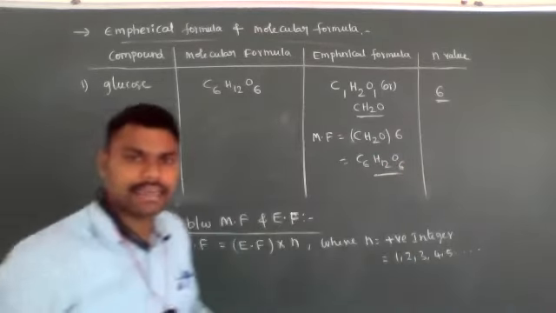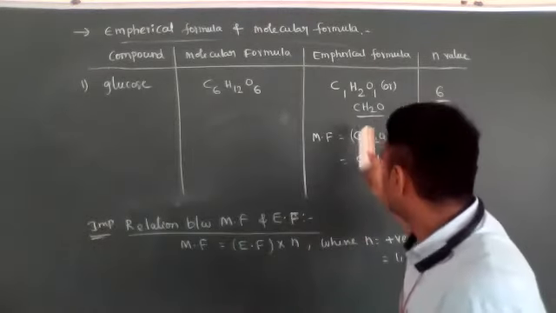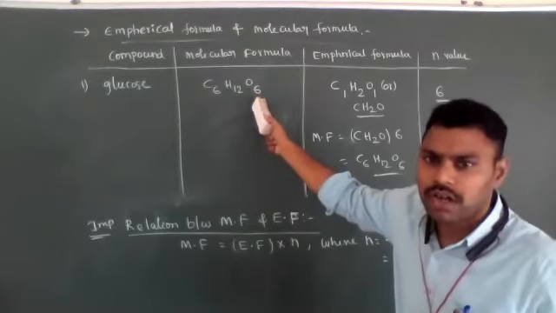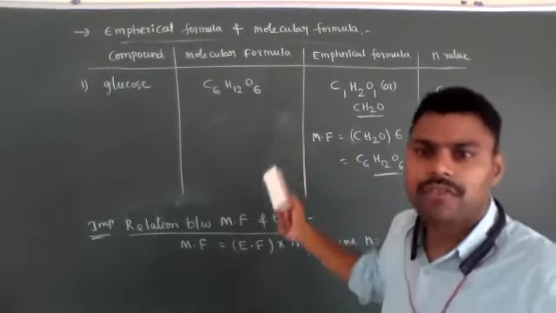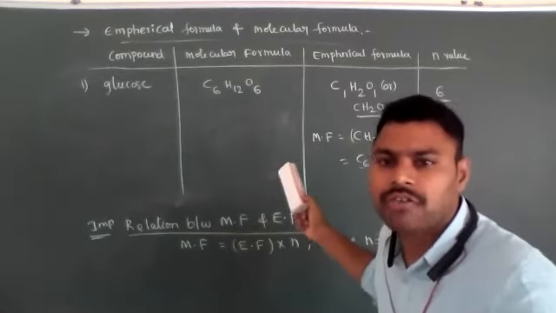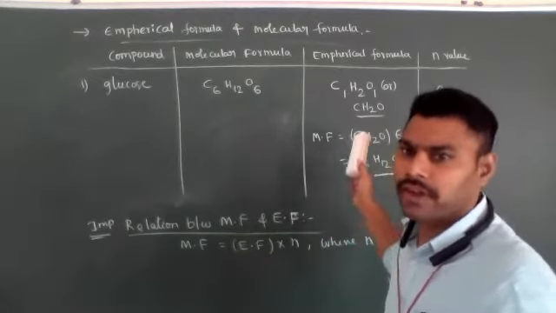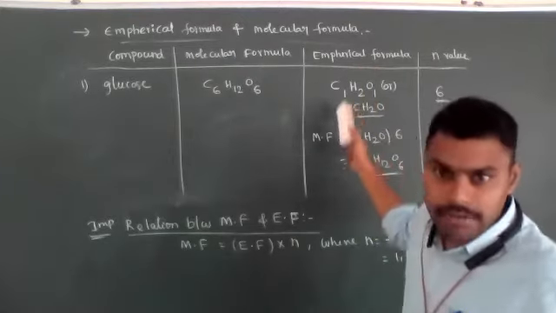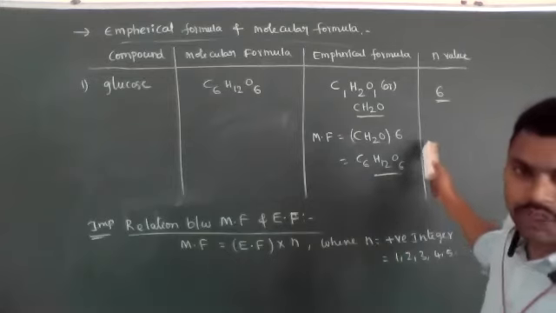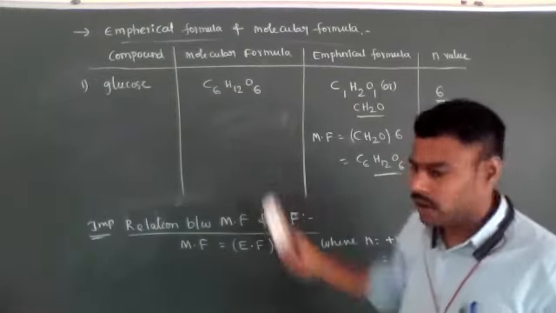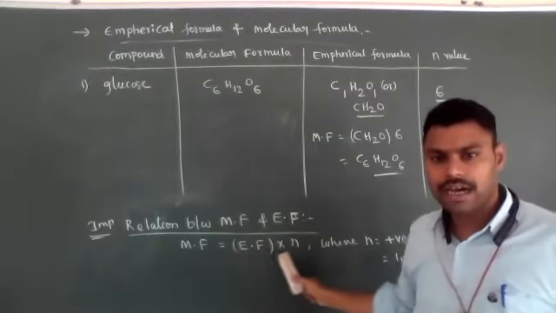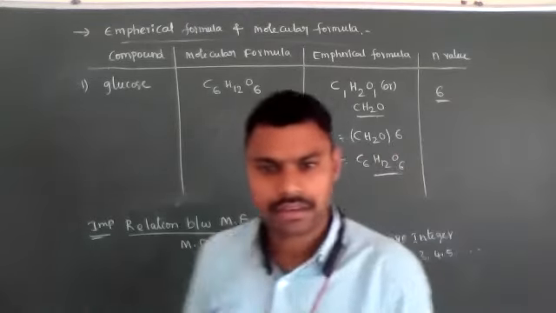The simplest formula or simplest ratio of atoms in a molecule of a compound is known as the empirical formula. That empirical formula into some integer value n gives the molecular formula. That's why the molecular formula is equal to empirical formula into n.